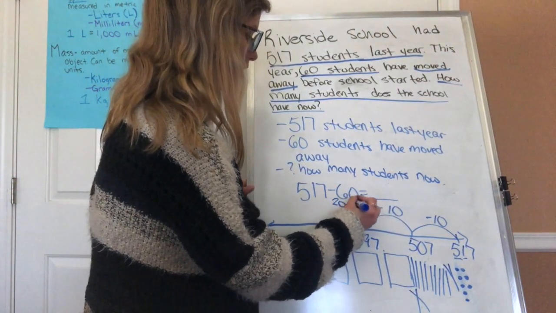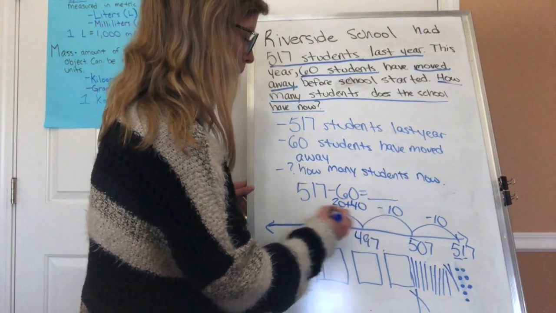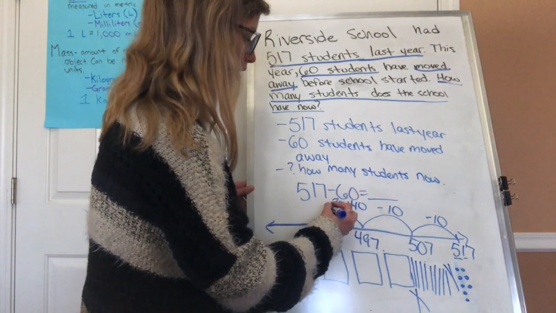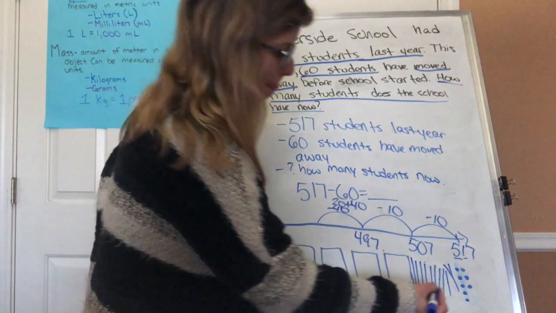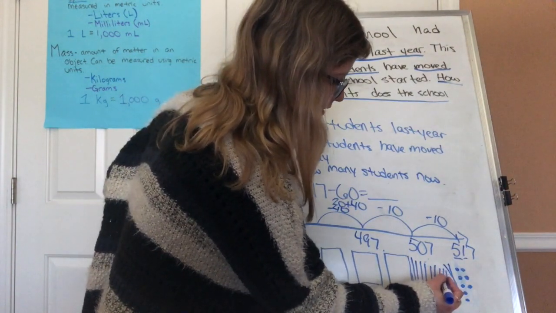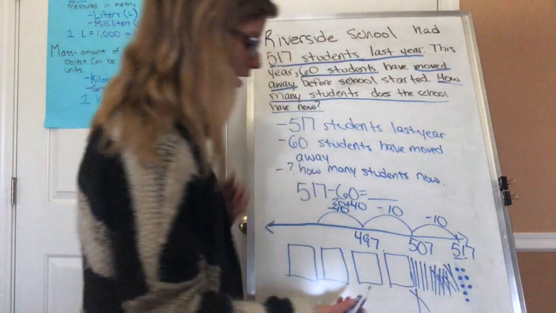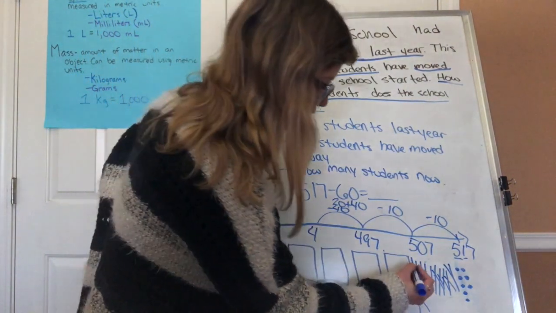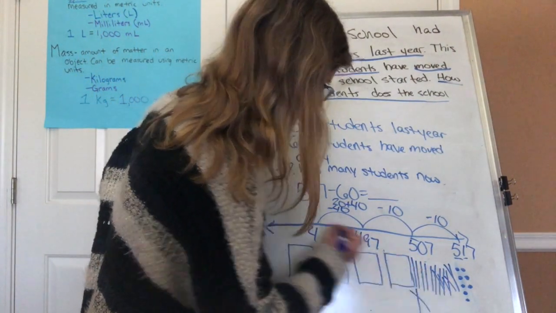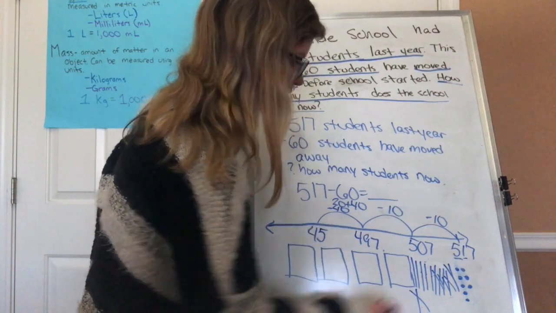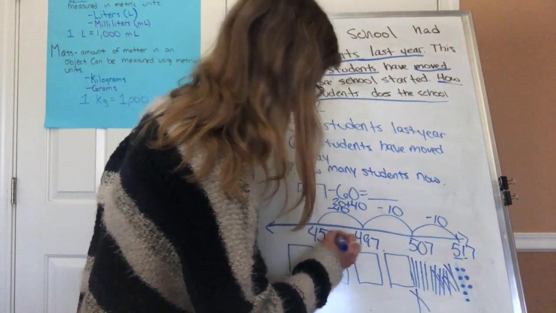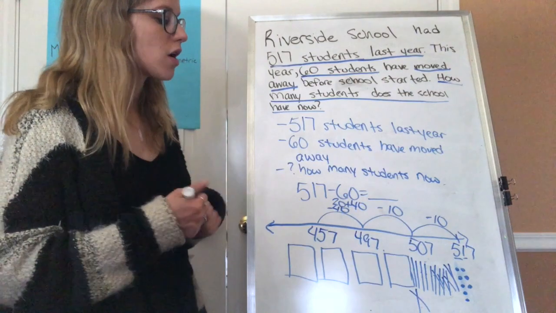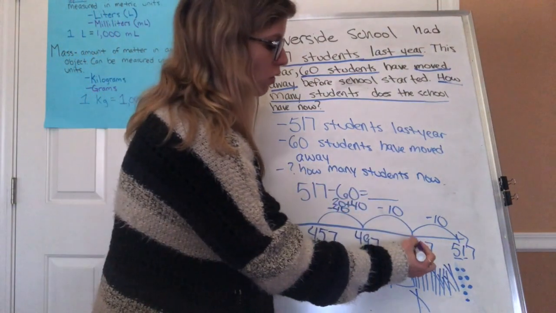I need to take away another 40. Because 20 plus 40 equals 60. So now I took away another 40. So 10, 20, 30, 40. And I have 400, 5 tens, and 7 ones left.